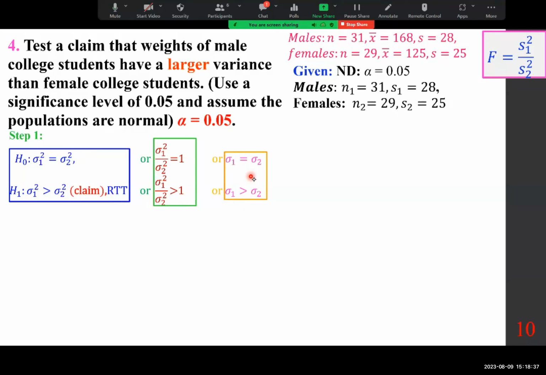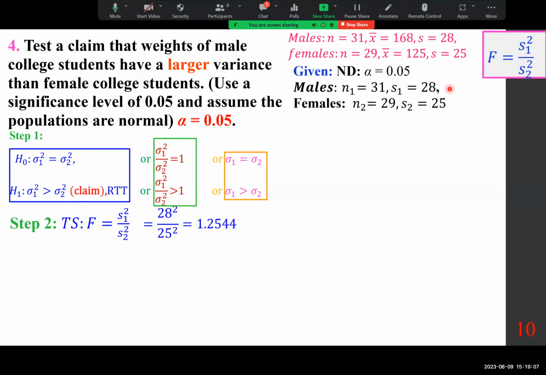The next step is to find the test statistic, which is the easiest test statistic using F: s1 squared over s2 squared. S1 is 28 squared, and S2 is 25. By the way, we choose this such that this becomes a number larger than 1 because of the limitation of the table known as the F distribution.